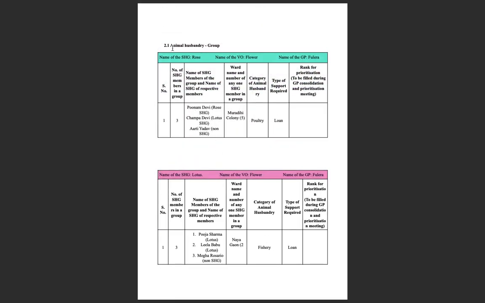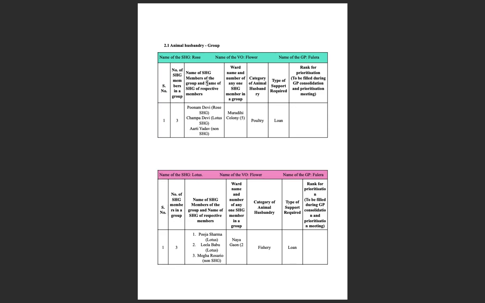Similarly, for group animal husbandry, we have to write for rows SHG the number of SHG members in a group, which is again 3. What we have to keep in mind is that in most of the cases, the group will be 3 or more than 3 members. However, the facilitator should and must check it with their state teams.